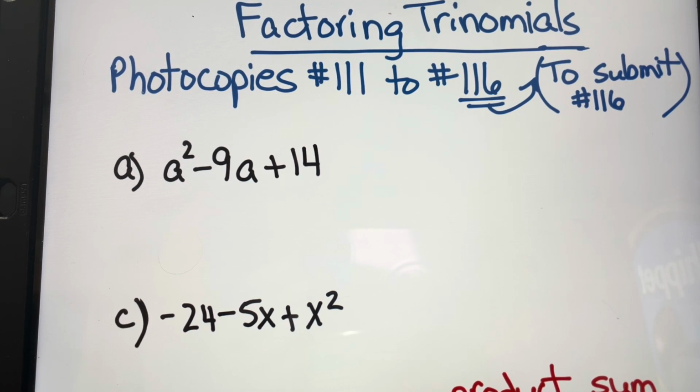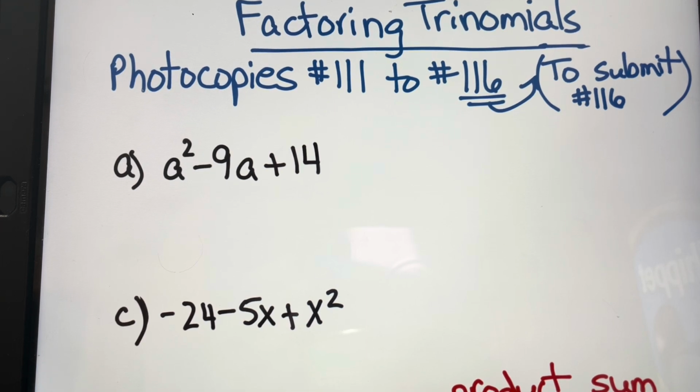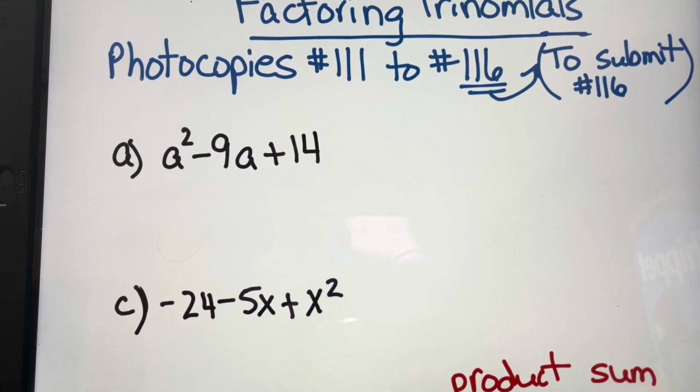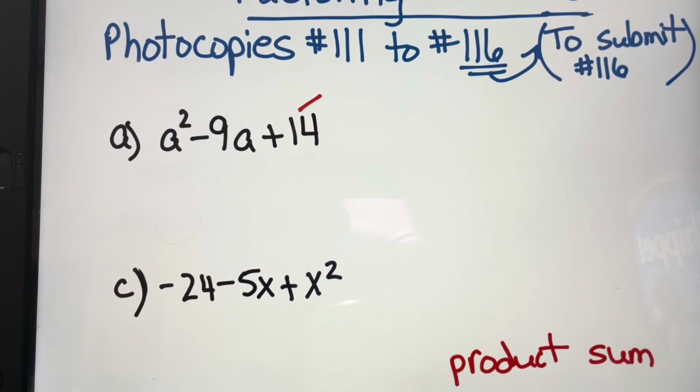For A, by the way, press pause and work them out if you want, and then come back for the answers. For A, we are looking for numbers that multiply to make 14. So I immediately think, oh, 2 times 7 makes 14. But then they need to give me a total of -9.